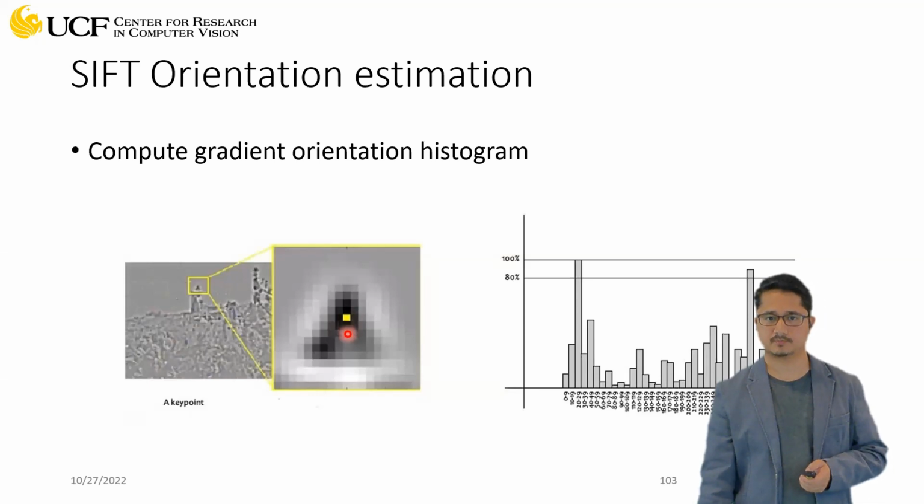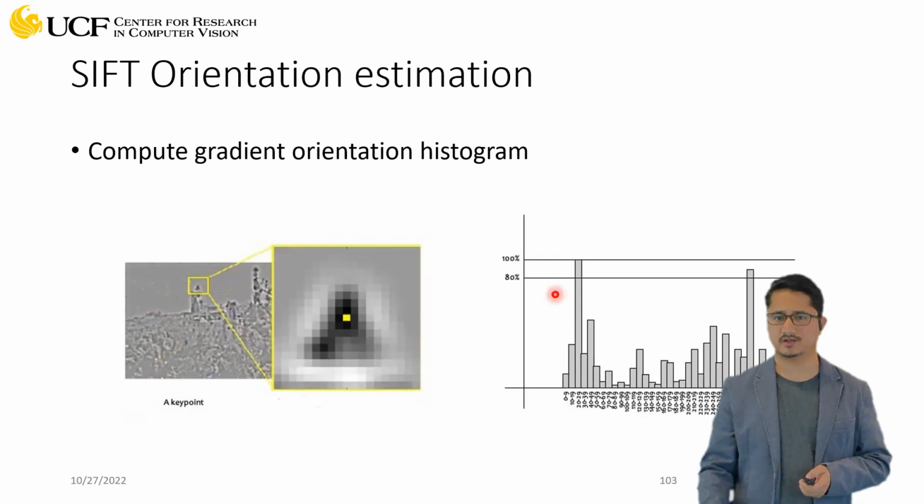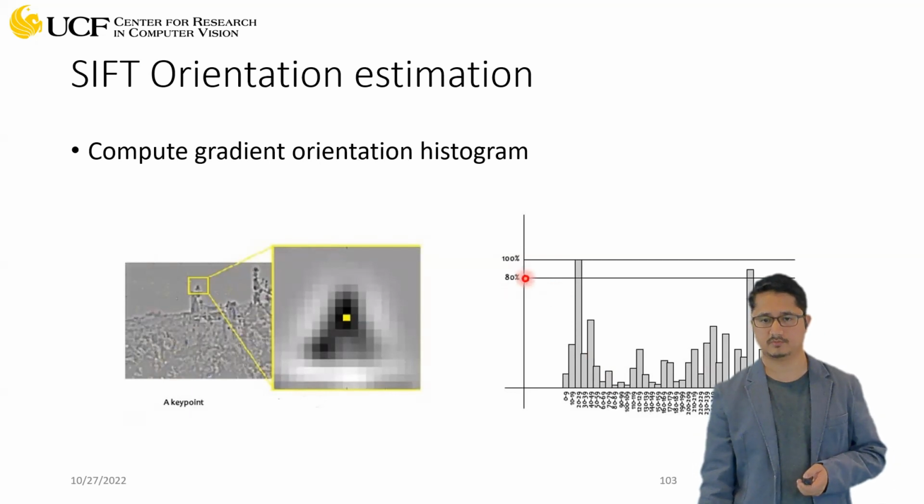You use that orientation to compute this kind of histogram for each patch. Then you keep those orientations which clear some kind of threshold, and you ignore all the other orientations.